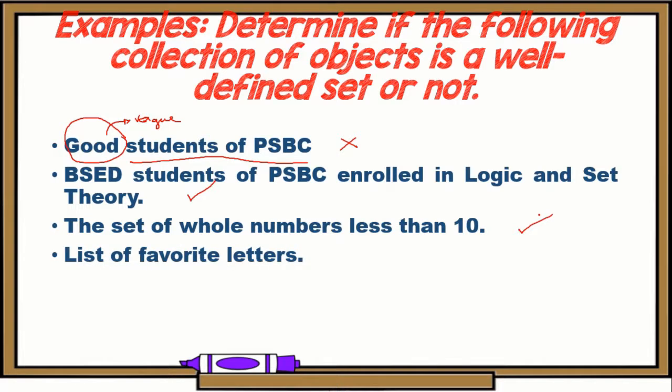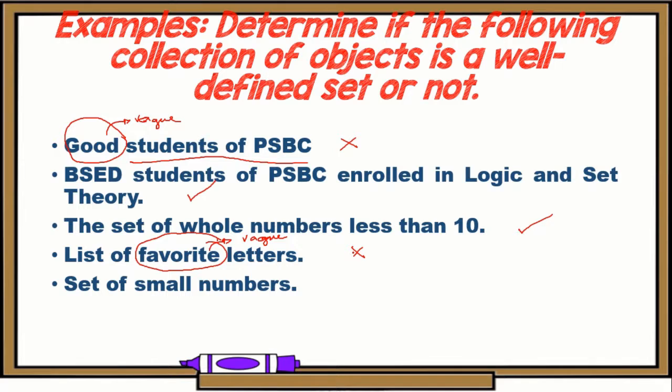How about this one? List of favorite letters. Whose favorite? Okay. Again, this word here, favorite, makes our collection ambiguous. Therefore, this is not a well-defined set. How about set of small numbers?